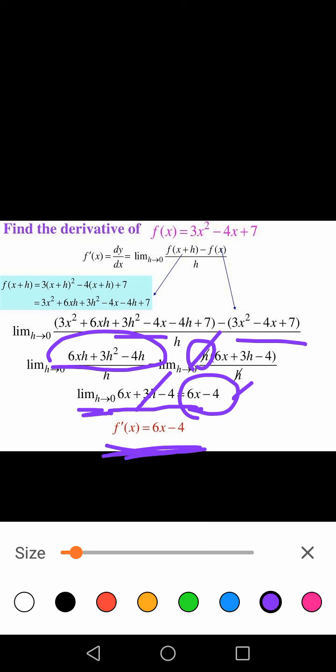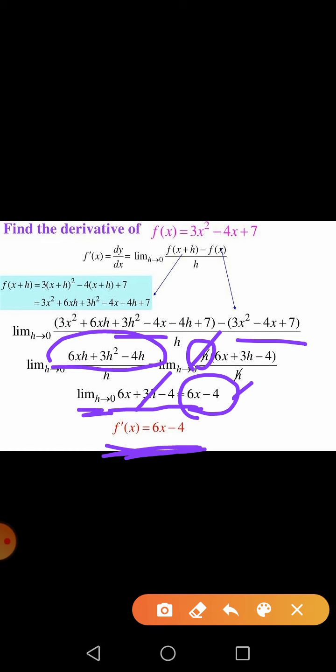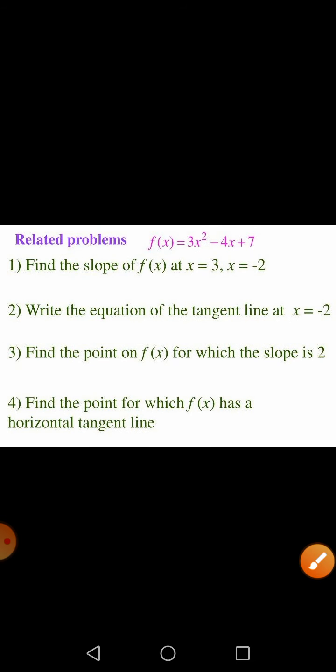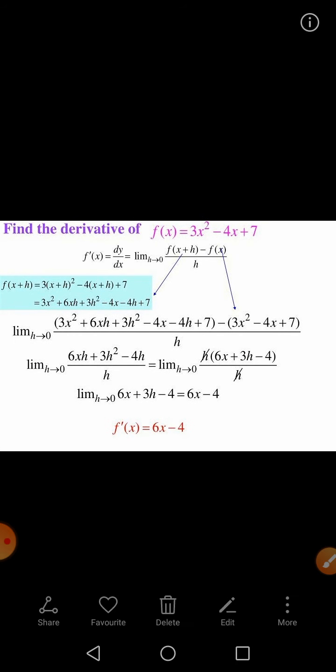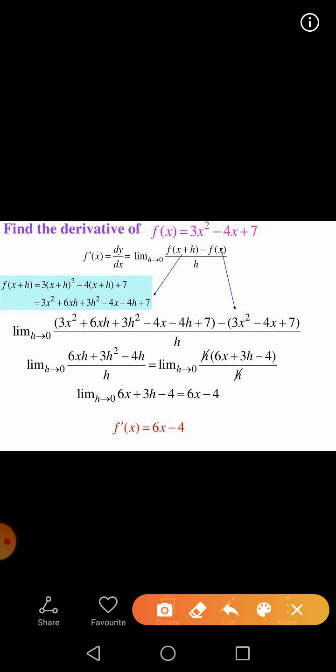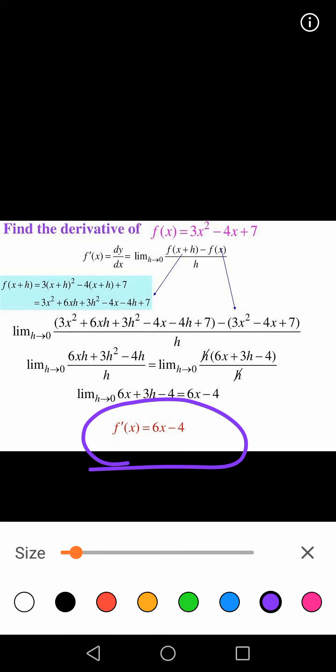Here is how to get the slope or rate of change by this method. Okay, let's see the questions here. First question, find the slope of f(x) at x equals 3 and x equals negative 2. As here the slope is the derivative, I will substitute once with x equals 3 to get the slope, then the other one with x equals negative 2.